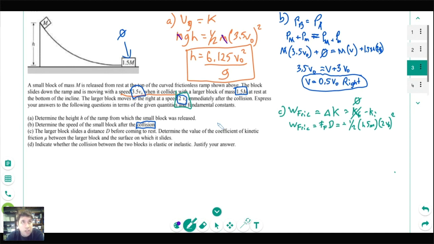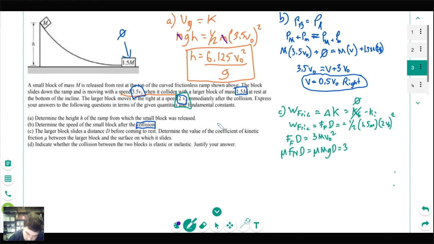So the force of friction, let's see, so let's expand this. The force of friction times the distance will be half of 4 is 2, 2 times 1.5 is 3. So this is 3 m v naught squared. All right, now we can plug in for the force of friction part. This is mu F n d. We're on a flat surface, so really this is mu m g d.